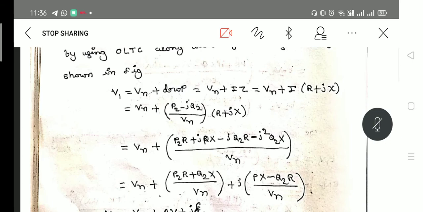V1 is equal to Vn plus, in place of I, substituting (P2 minus jQ2) by Vn into (R plus jX).